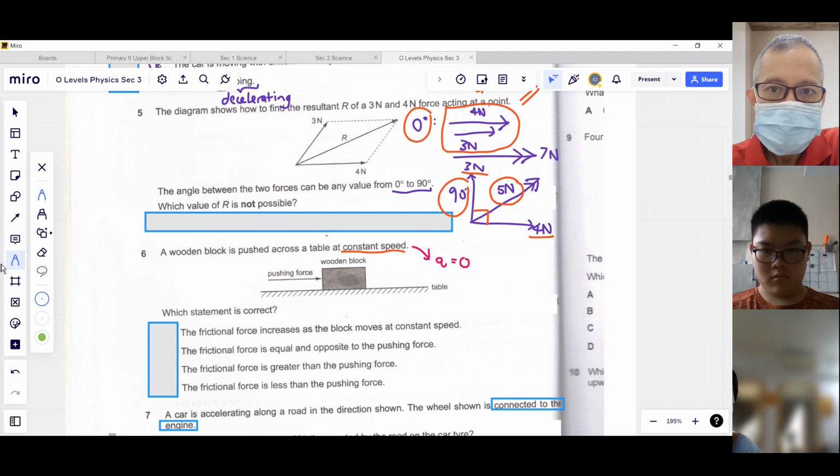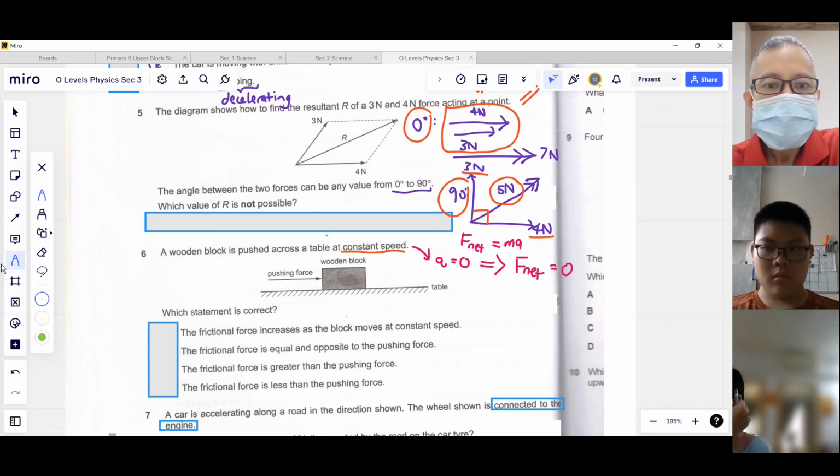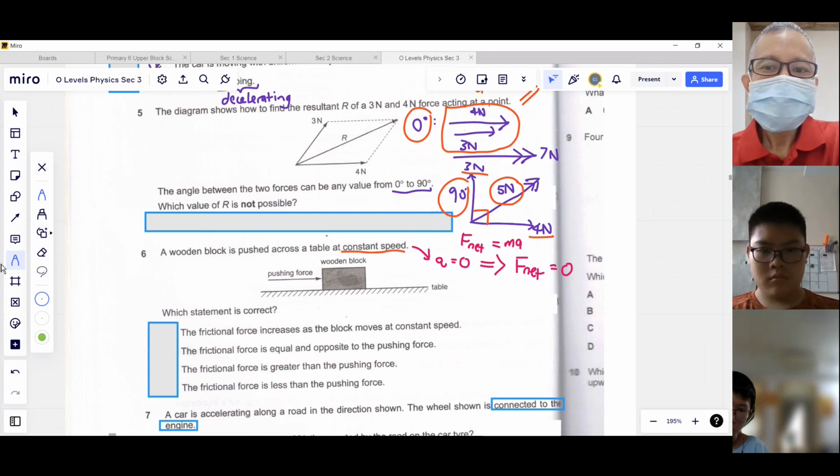And of course, if you remember your formula, the same old formula, zero acceleration means net force is zero. Make sure you always recognize that. But of course you need to interpret the question and think about which is the best answer. F net is zero. There's no net force.